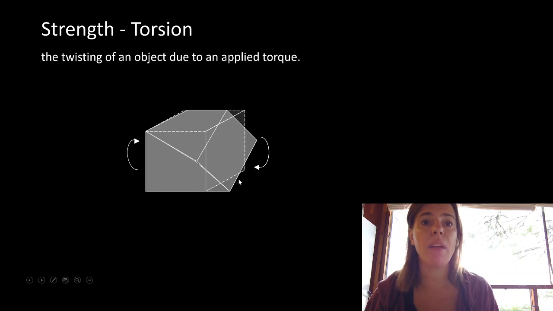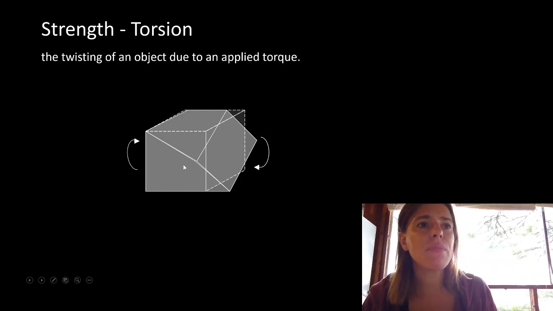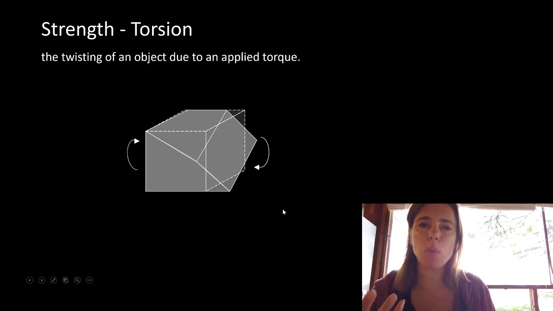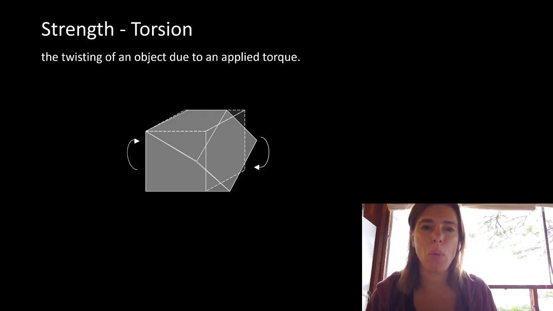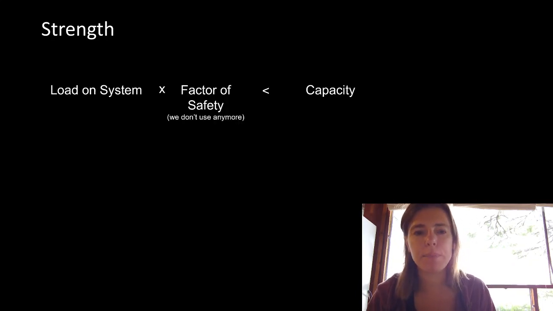We've got these curved arrows trying to twist the object. But look at this plane here on this side and this side. We've got this compression happening here and this tension across these sides here. So conceptually it's this combination of shear and moment, although not exactly, but it's a good way to think about the failure modes of it.